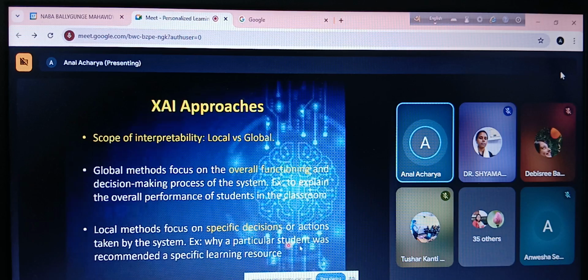For example, why a particular student was recommended for a specific learning resource. What do I mean by a learning resource? Learning resource means it could be certain text, or it could be certain audio, right? Or it could be a certain link from a YouTube channel. Anything could be a learning resource.